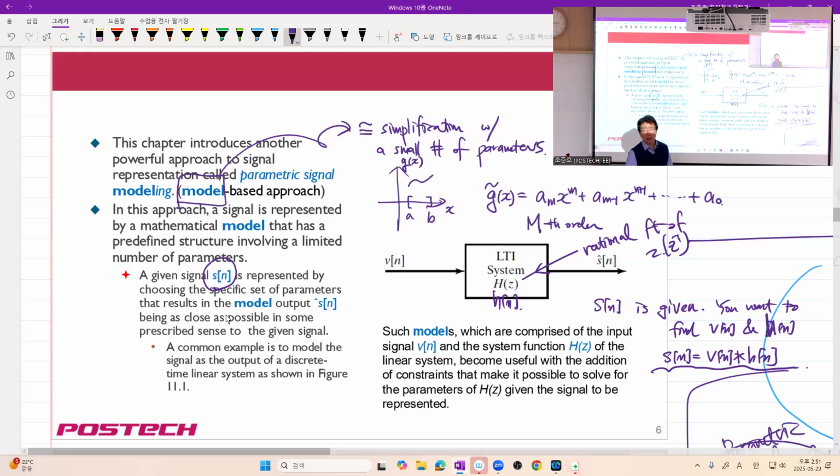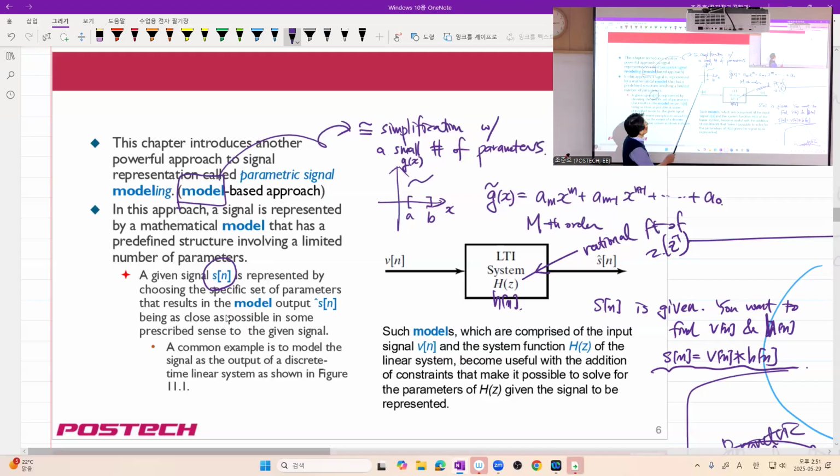Its history is as long as this method. Got it? So a ratio of polynomials to approximate a function has been a tradition in approximation and so-called modeling of a function. The trouble is this one.